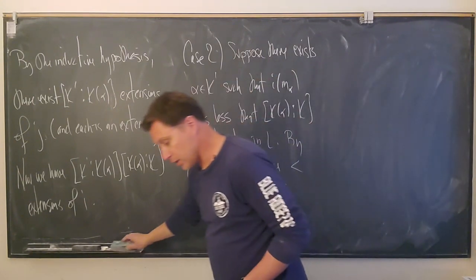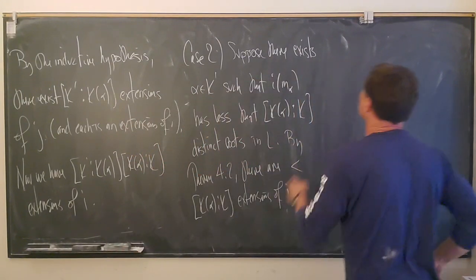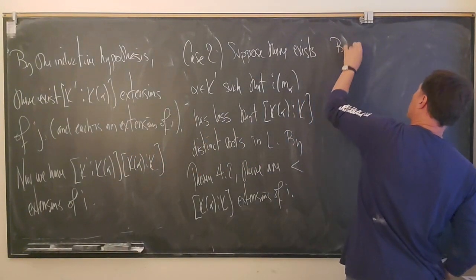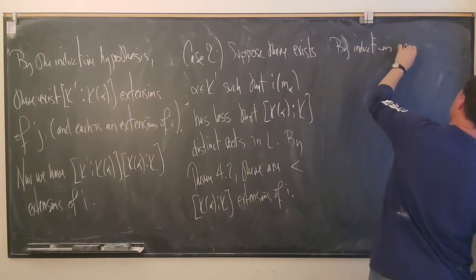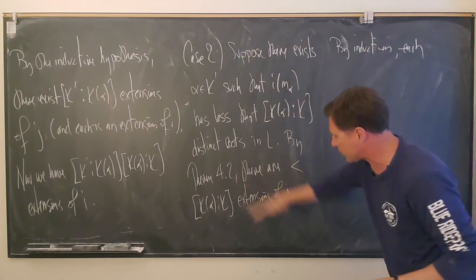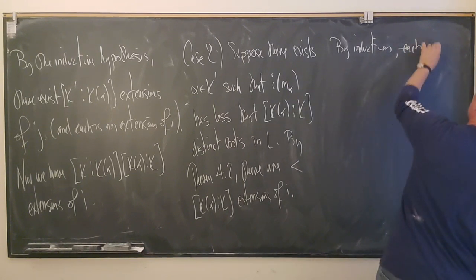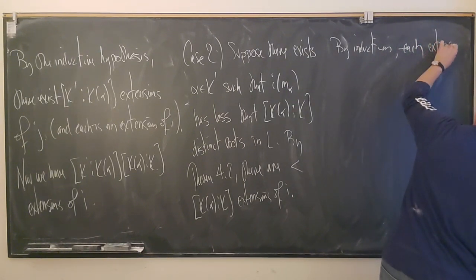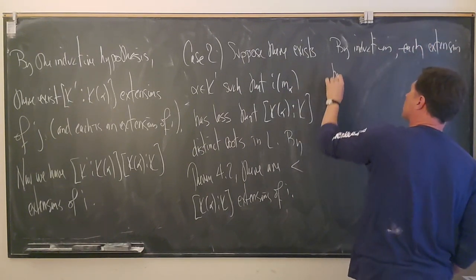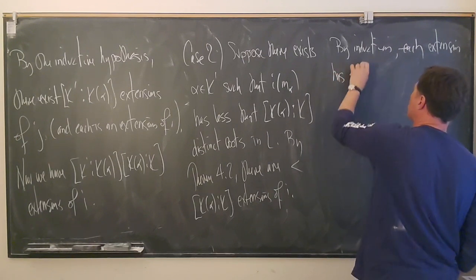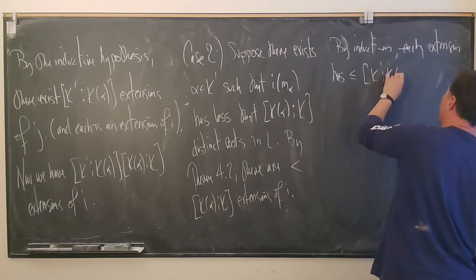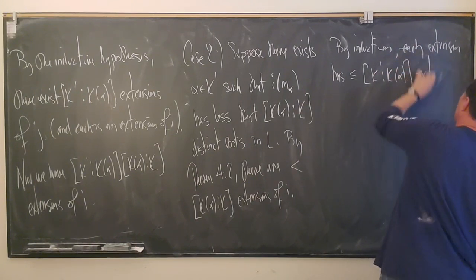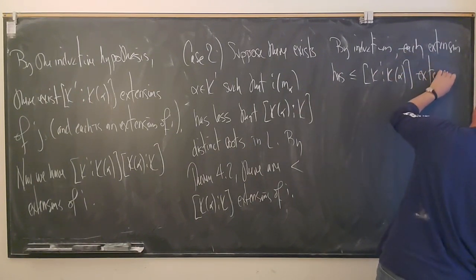So by induction, each of these extensions has less than or equal to degree of k prime over k adjoin alpha extensions.